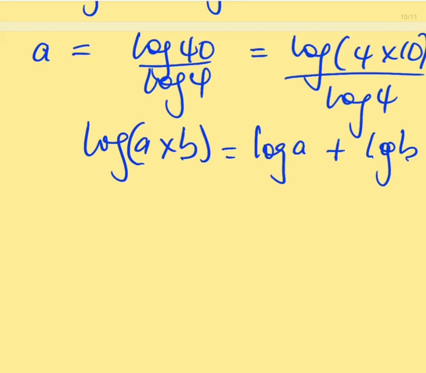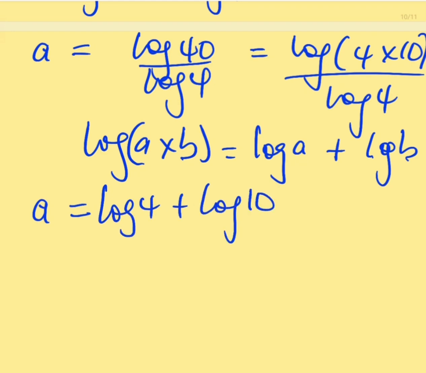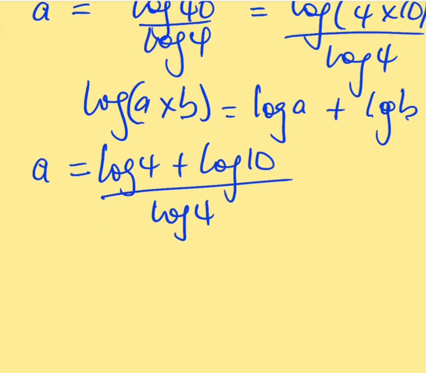So here, our a will now be equal to log 4 plus log 10, since we have log of 4 times 10. So we can split it as log 4 plus log 10, isn't it? Then all over logarithm of 4.